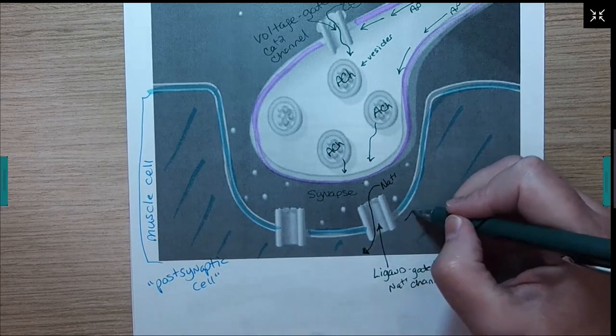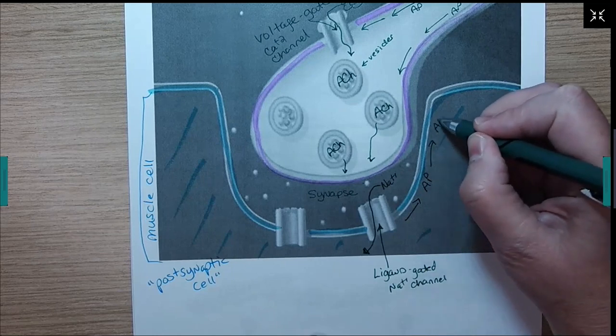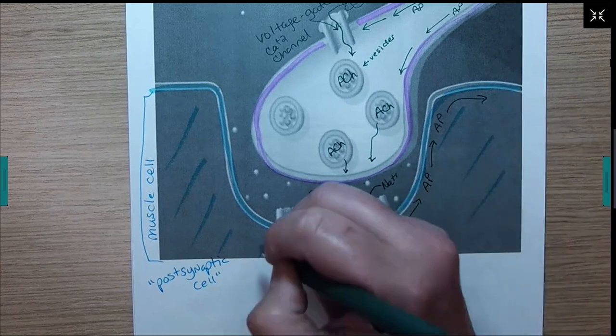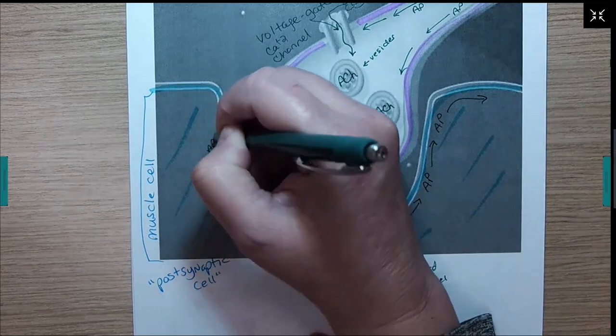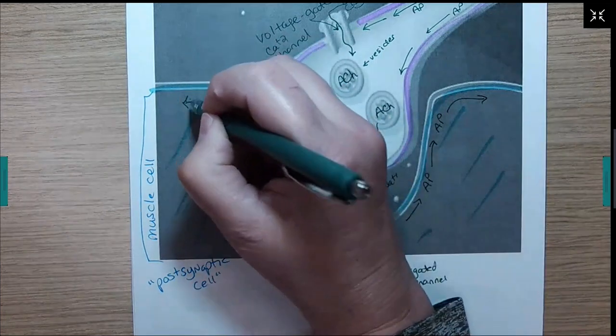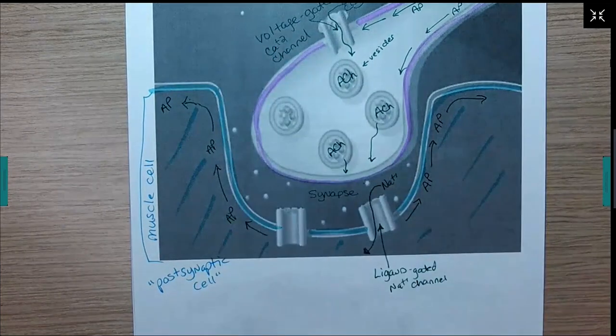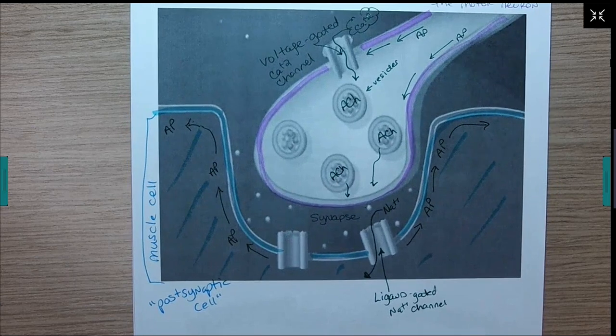That's going to depolarize the muscle cell, reestablishing the action potential. Again, sound familiar? It should. This was the answer to your essay question on the previous test. Okay, so that's just review. We're just labeling the diagram there, so that way you can remember.